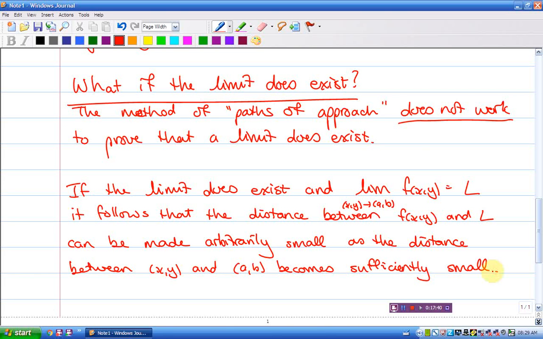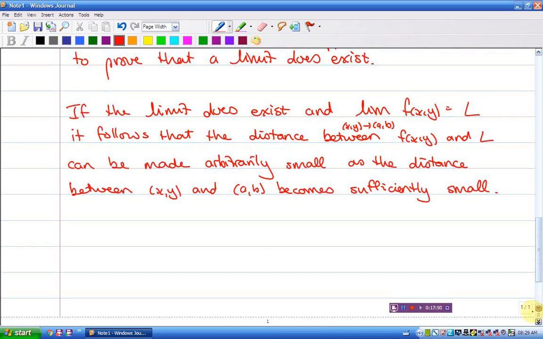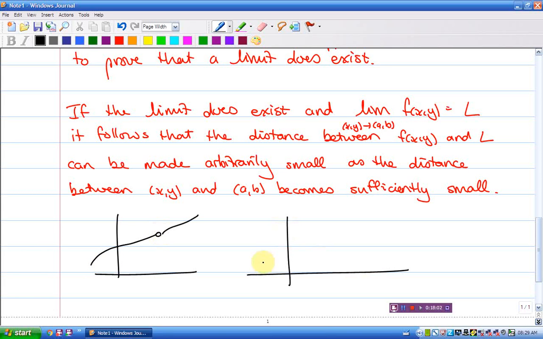Okay, it's in fact probably best demonstrated by actually harking back, because 3D pictures are trickier to draw. Let me demonstrate with a single variable function, and then we can step that up to a 2 variable function. Back in the day when you were drawing this sort of function, okay, in the left-hand picture the limit does exist.